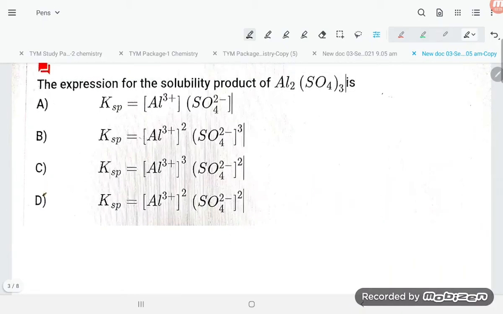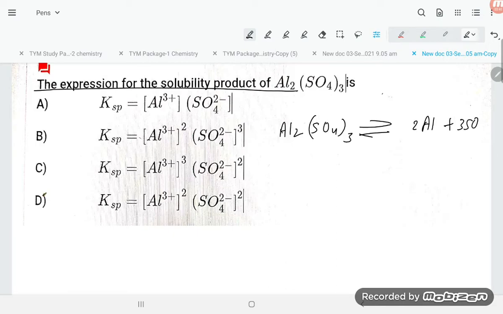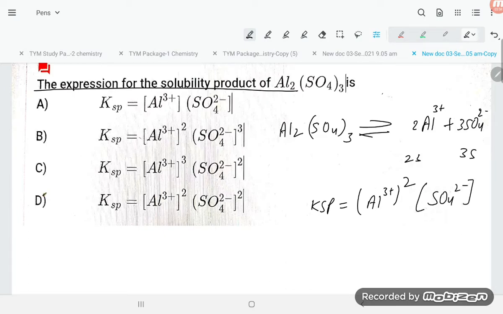Here they are asking for the expression of the solubility product. If you have Al2(SO4)3 and you write it as 2Al3+ plus 3SO4 2-, then it is 2S and 3S. So if you write Ksp, it is [Al3+] raised to power 2 and [SO4 2-] raised to power 3.